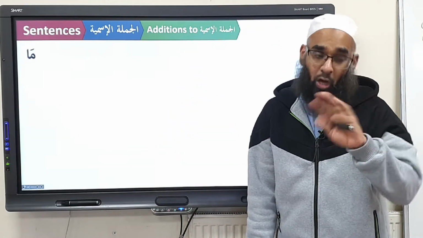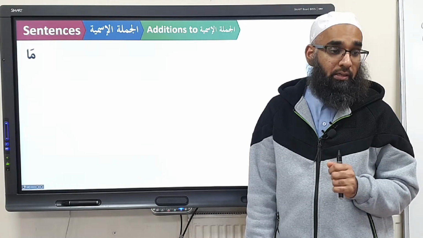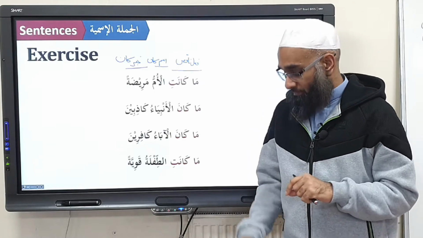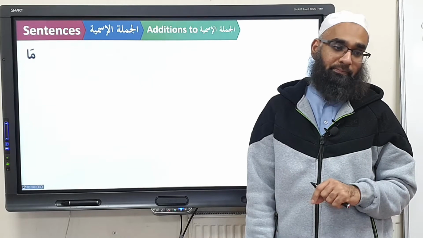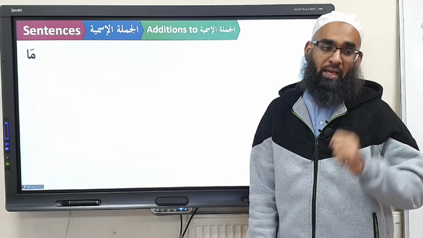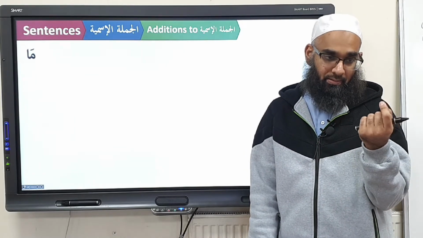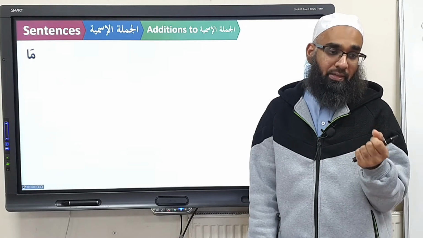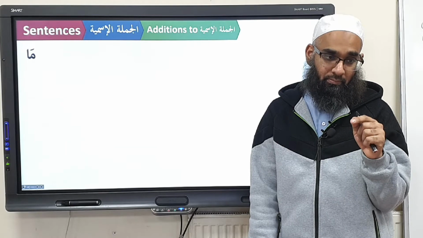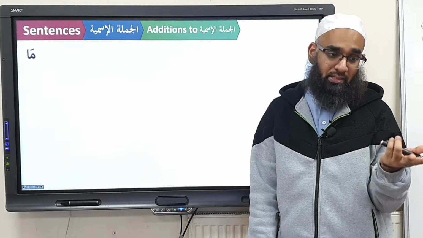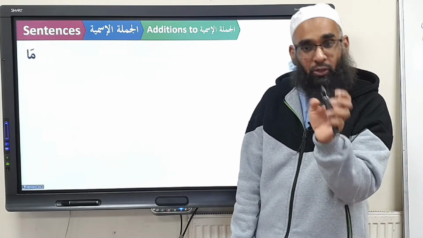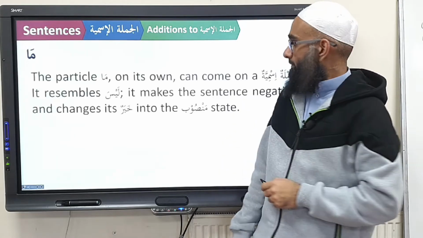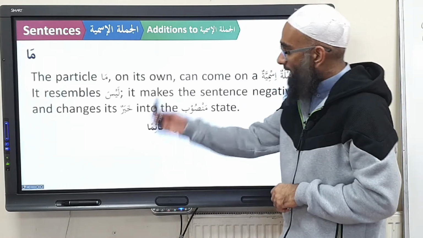Now, one more rule. The particle ma on its own can behave just like laysa. What does laysa do to a jumla ismiya? In meaning? Negative. What does it do in terms of i'rab? It makes the ism marfu' and the khabar mansoob. So instead of laysa, you can put ma by itself. Okay? So ma zaydun qa'iman.